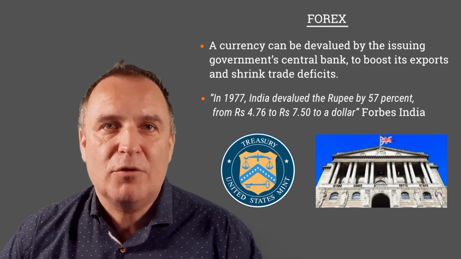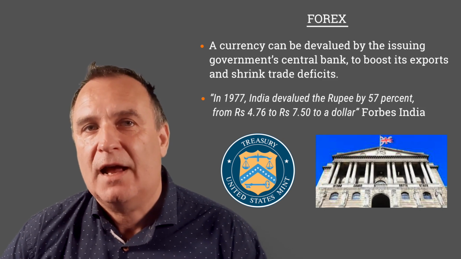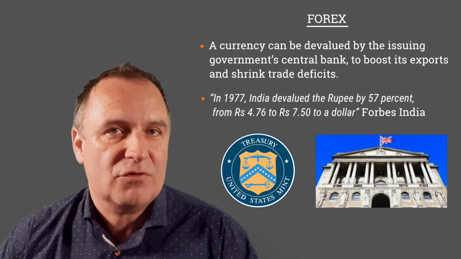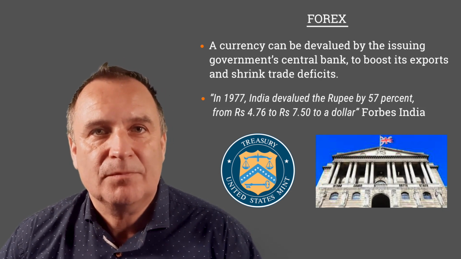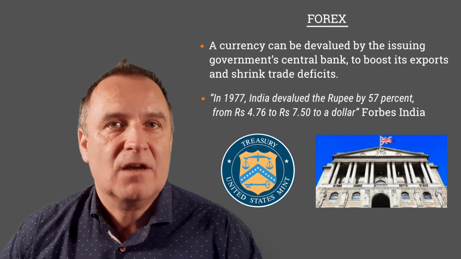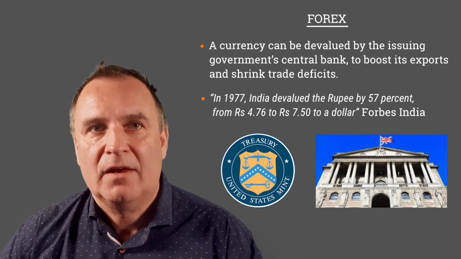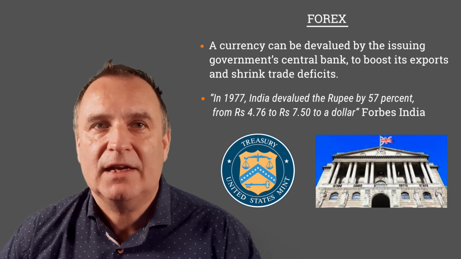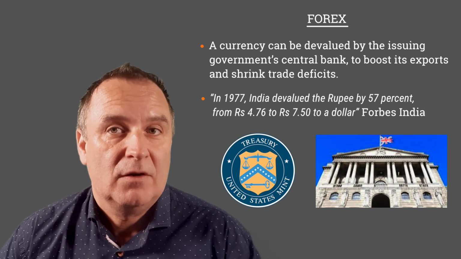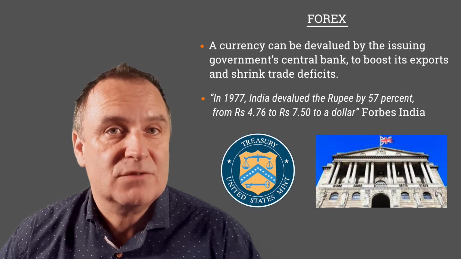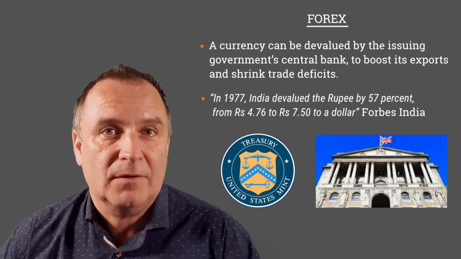So here's an example in a quote from Forbes magazine in India. In 1977, India devalued the rupee by 57%, from 4.76 rupees to 7.50 rupees to a dollar.